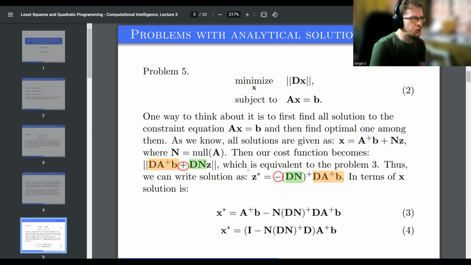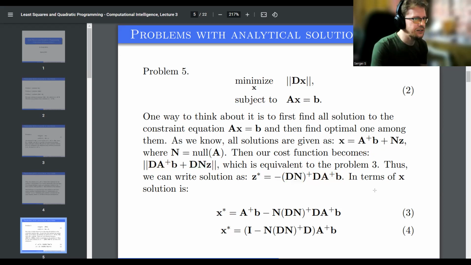But that is in terms of z. Now we want the same solution in terms of x. In terms of x, how is z related to x? Oh, very simple. Z should be substituted into this equation here, and that is how we get x.